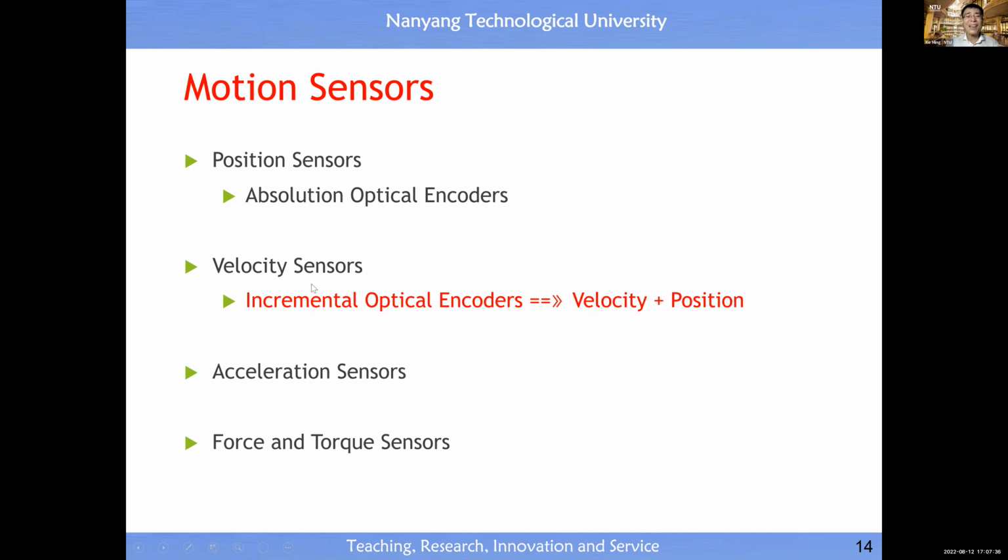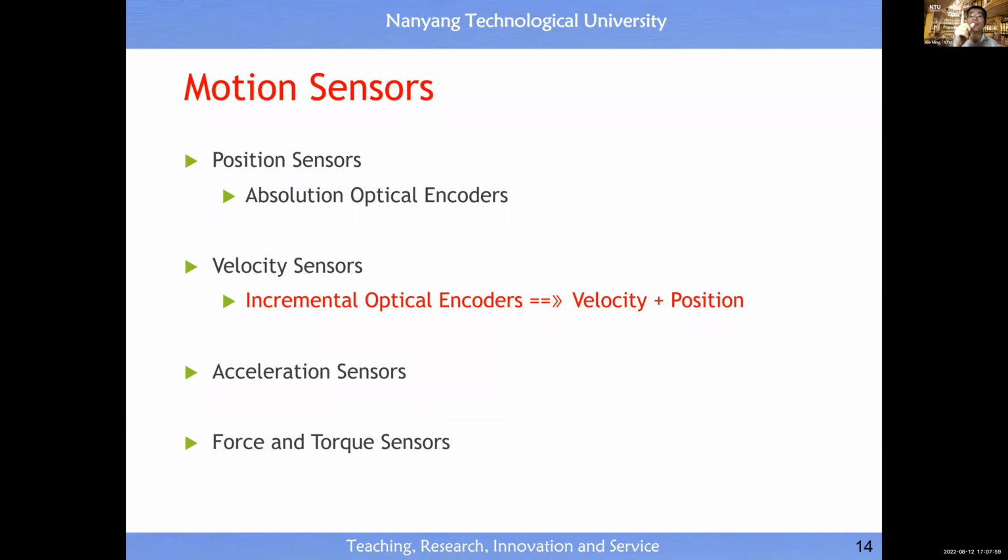And in industry, the common name is incremental optical encoder. Okay, why do we call it optical? Because we use a light emitter and light detector to convert angular motion or linear motion into a stream of square waveform.